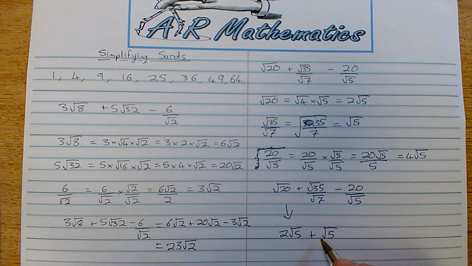Now there's no number in front of this square root sign, which means that there's one of them, so you can fill it in if you want to, but you don't need to. Then subtract 20 over root 5, which is 4 root 5. So we have 2 root 5 plus 1 root 5 is 3 root 5. Take away 4 root 5 is minus 1 root 5, or minus root 5. And that is simplified.